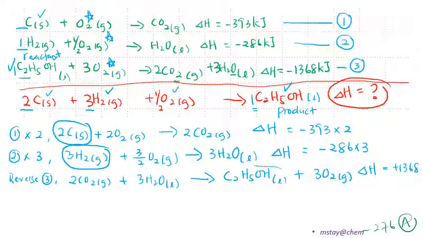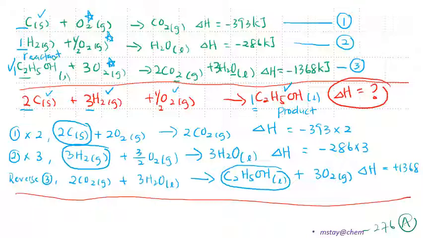So again, C2H5OH is the one that we need, so we circle it first. Next, we cancel out those that are not circled. 2 mole of carbon dioxide can totally cancel out, and 3 mole of H2O can also be cancelled out.